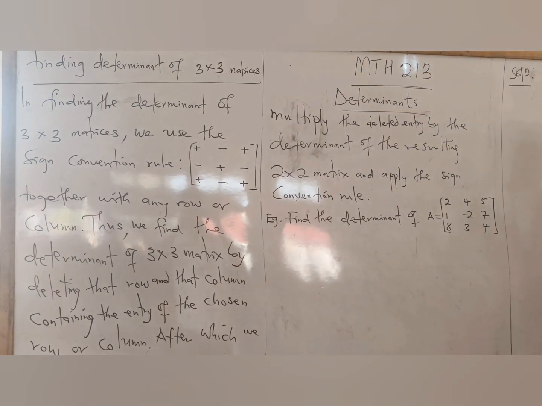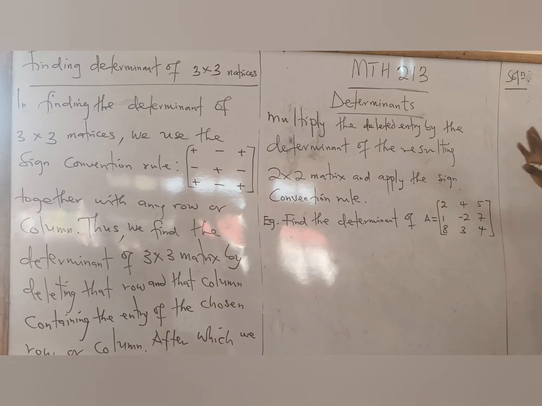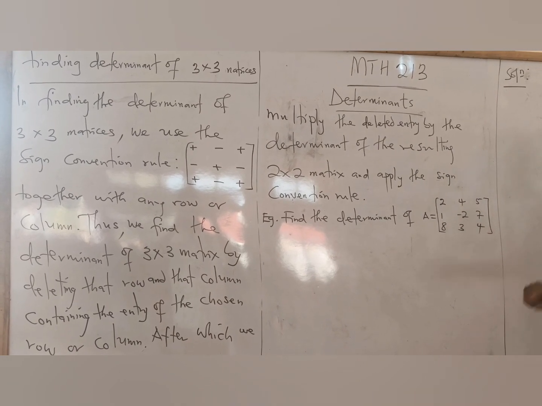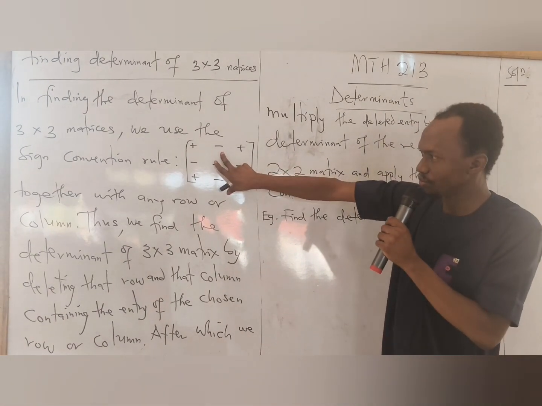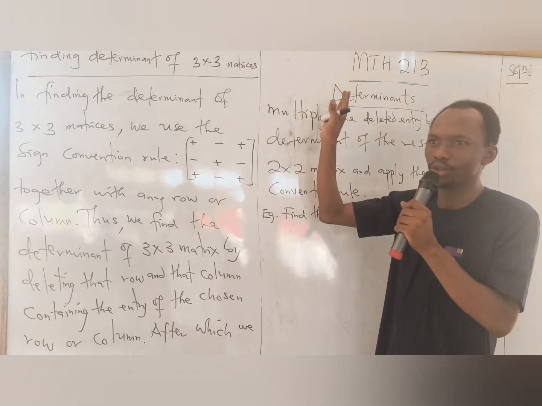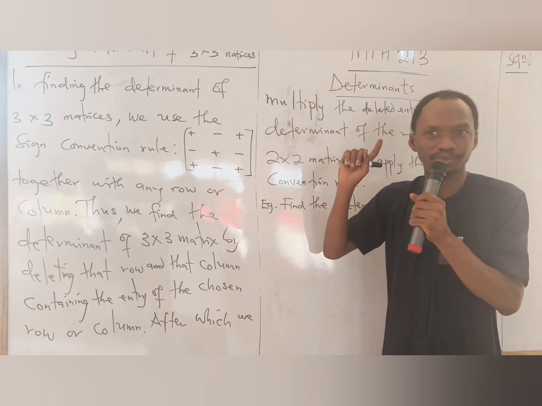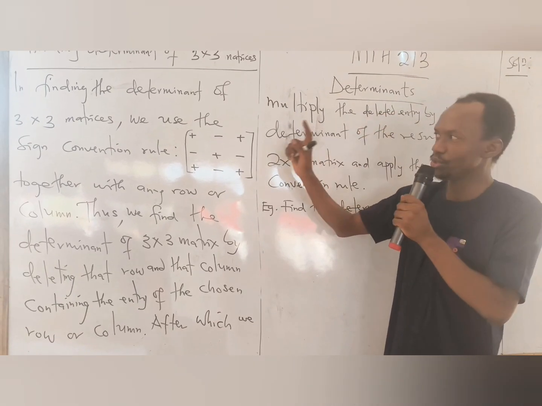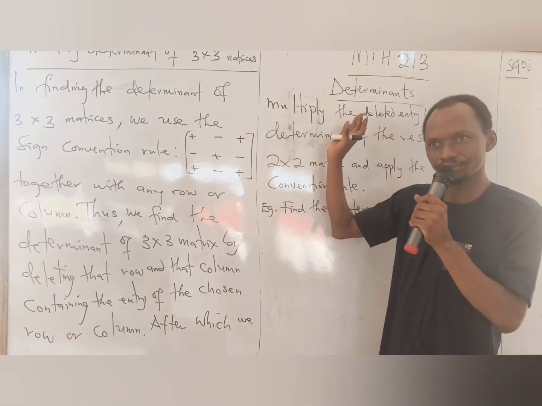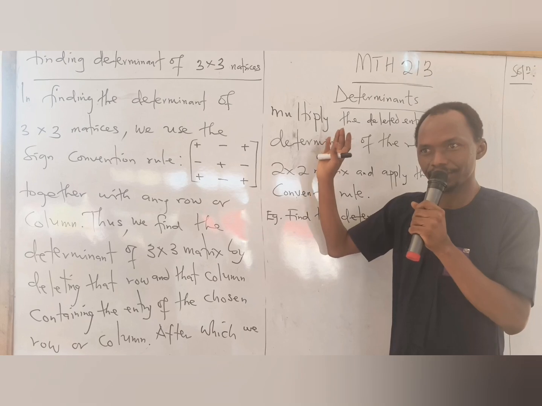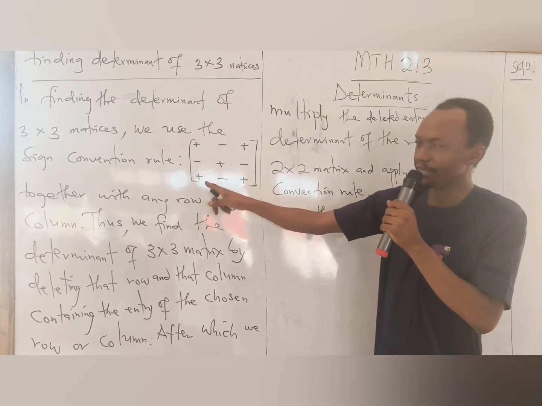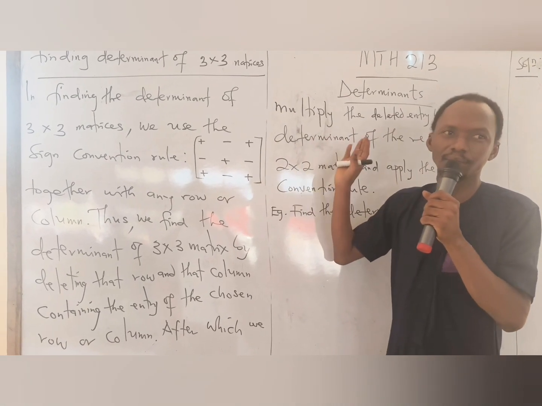So we are going to apply this together with any rule. You choose any rule you want to use to find the determinant. Doreen can choose the first row. Mike can choose the third row. You all get the same answers.